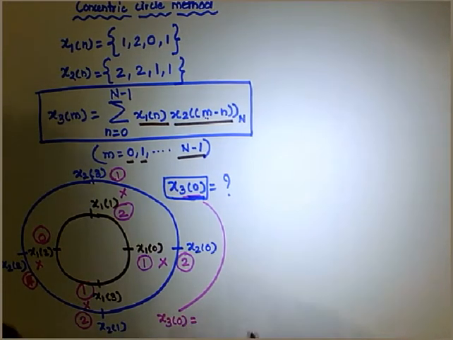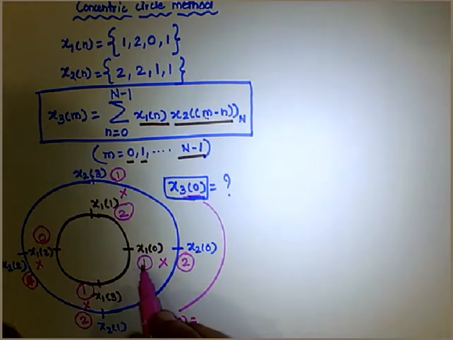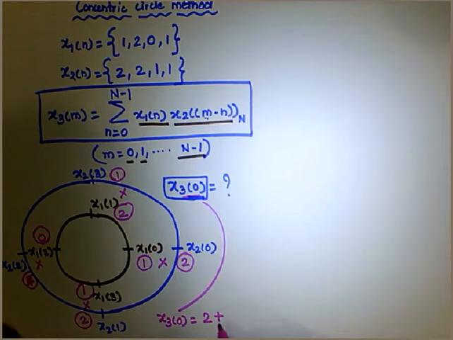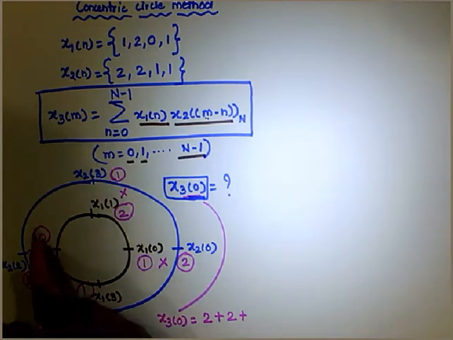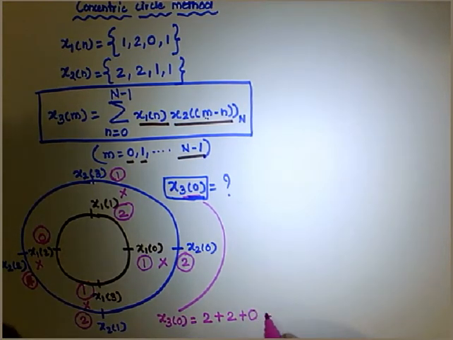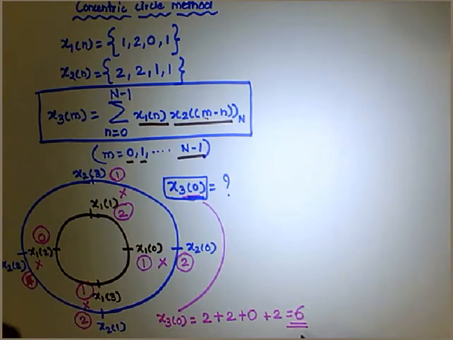The first multiplication, I will start from this point: 1 into 2, that is 2, plus 2 into 1, that is 2, plus 1 into 0, that is 0, plus 1 into 2, that is 2. In short, it will give us the value 6. This is how x3 of 0 is calculated.